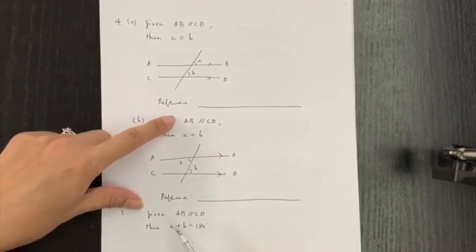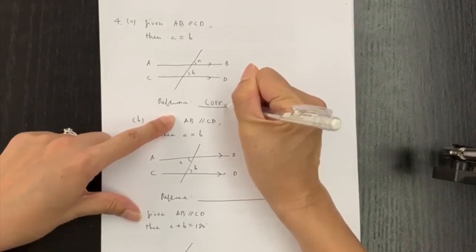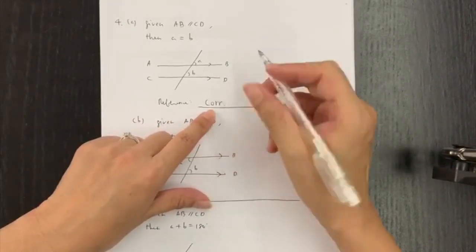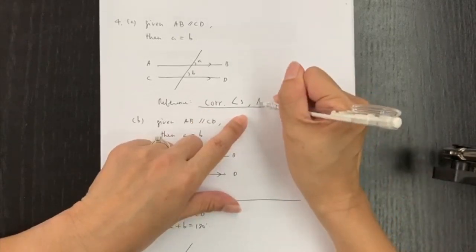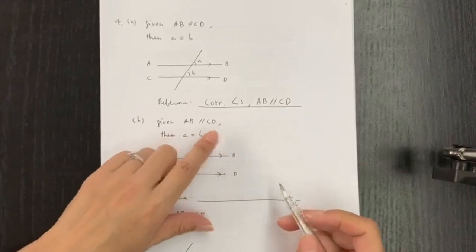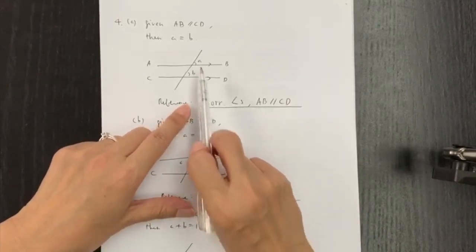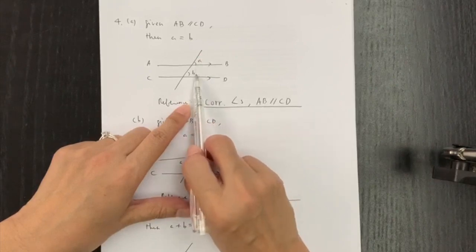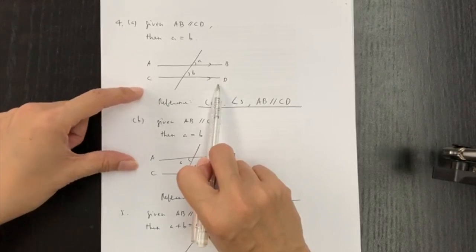Remember the reference, CORR dots stands for what? Corresponding angles, comma, because AB is parallel to CD. So again, this is called corresponding angles.